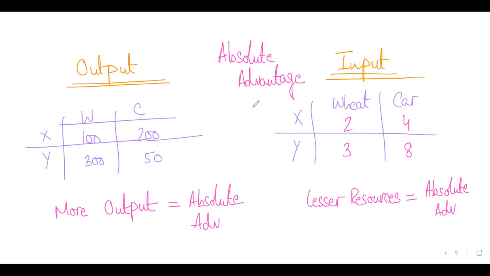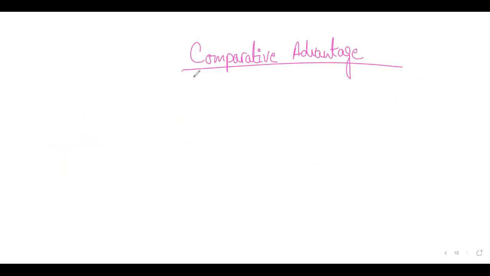Now moving on to the comparative advantage. For the comparative advantage, things are different. How so? Let me explain. For comparative advantage, again, you can be provided the information in 2 ways. Either they would have given you how much output each of the countries is producing, or they could have given you the input of resources that countries are using.